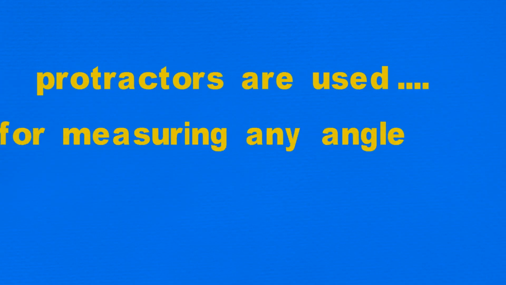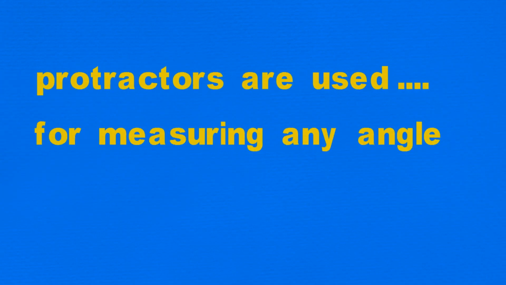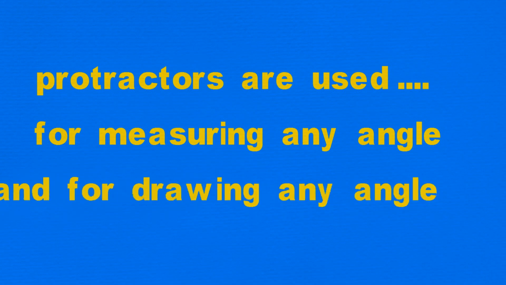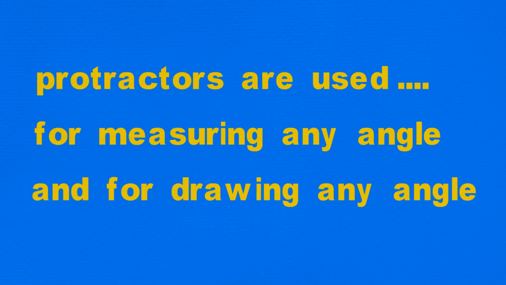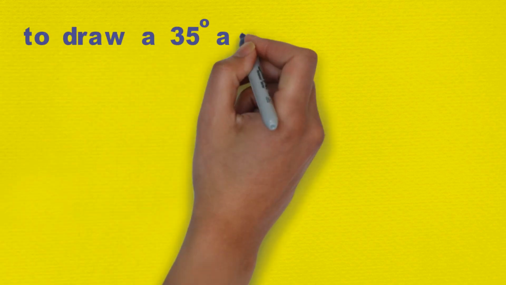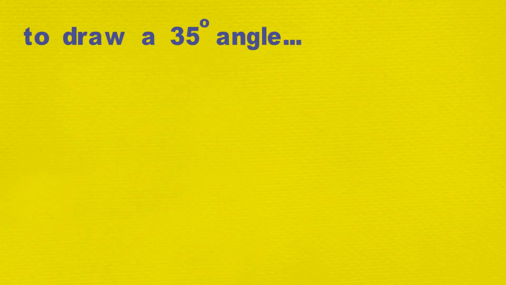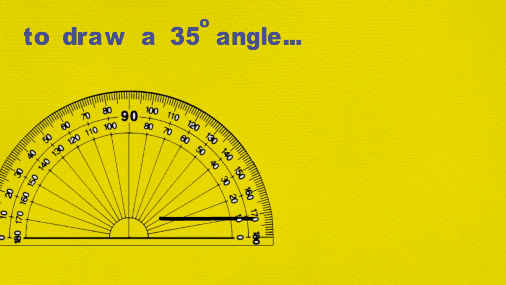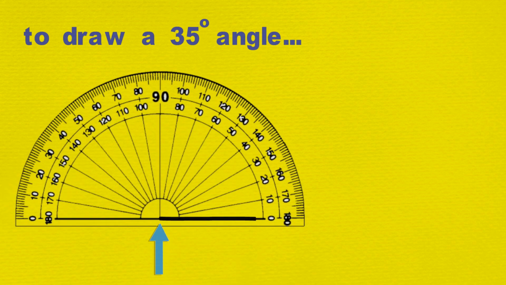As we have just seen, a protractor can be used to measure any sized angle. However, their granddad then showed them that a protractor can also be used to draw any angle. For example, if you want to create a 35-degree angle, all you have to do is draw a straight line, place the middle of the protractor on the end of the line.